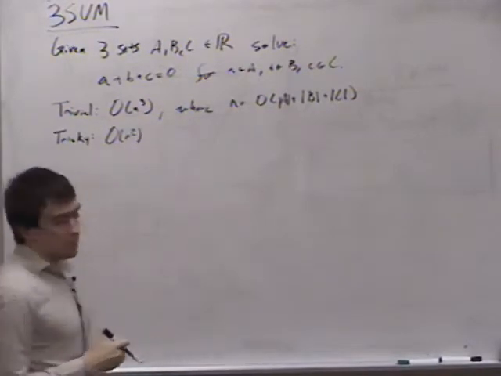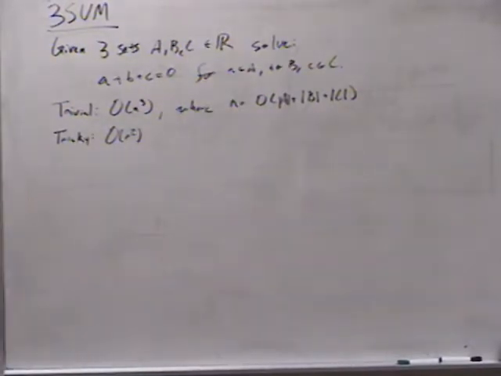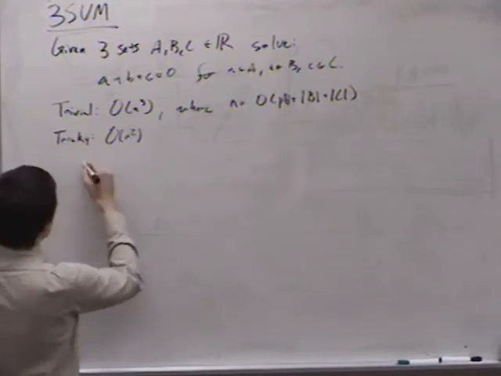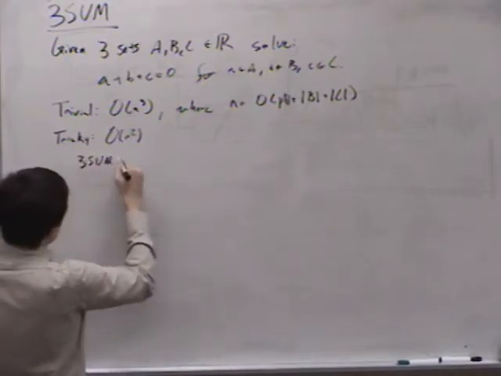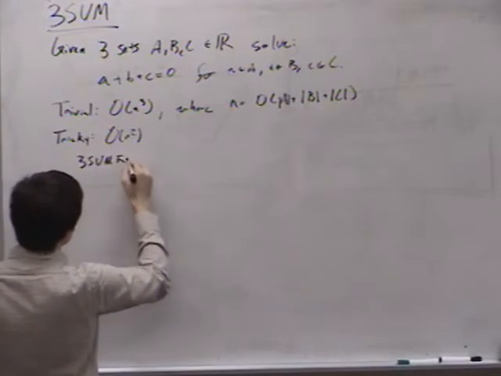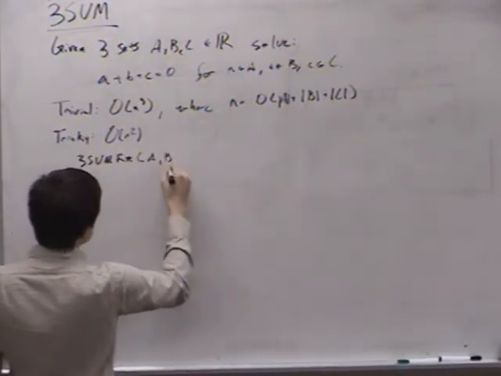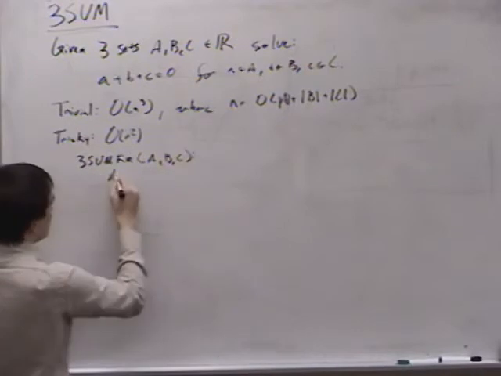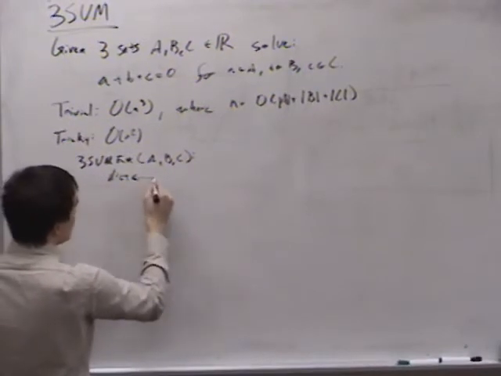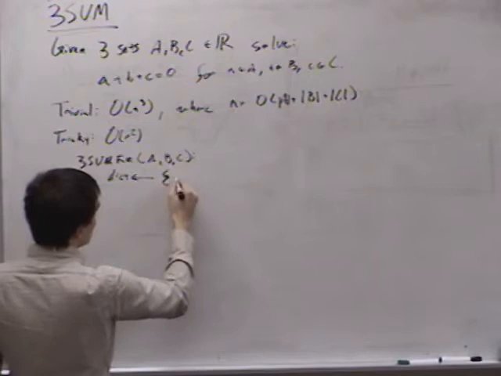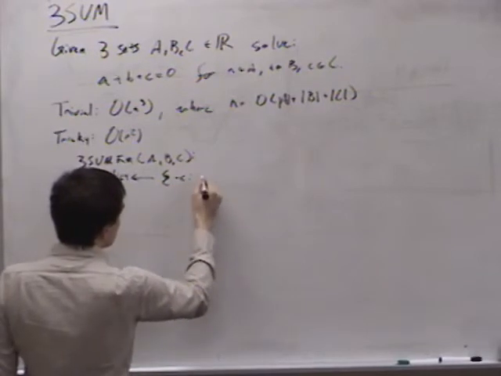The idea is really simple. All we do is we just take C, stick it in a dictionary, and then test all pairs, right? So we'll call it three-sum fast or whatever, take A, B, C as input. We create a dictionary, and we initialize it with all of the negative values in C, right?